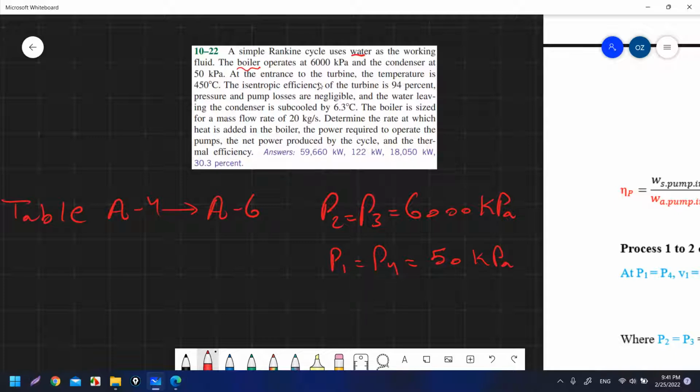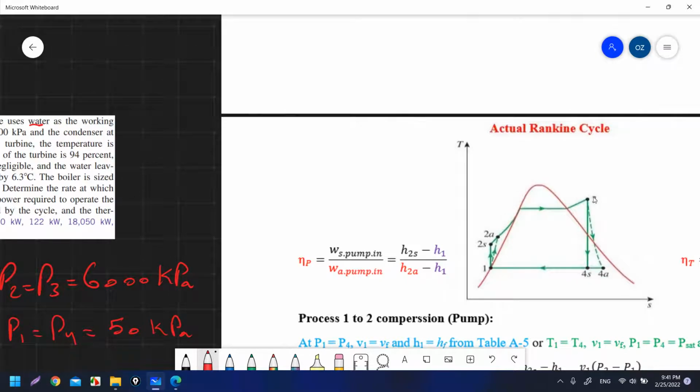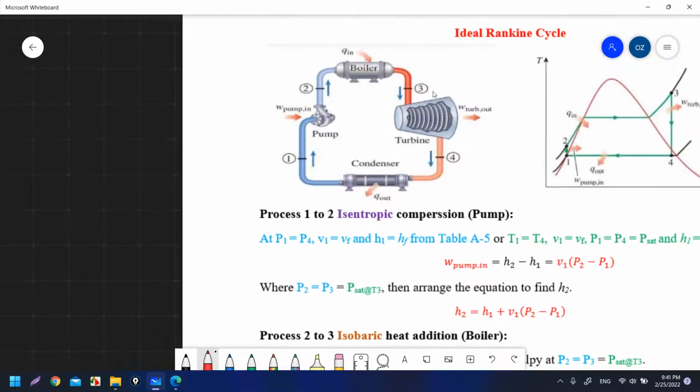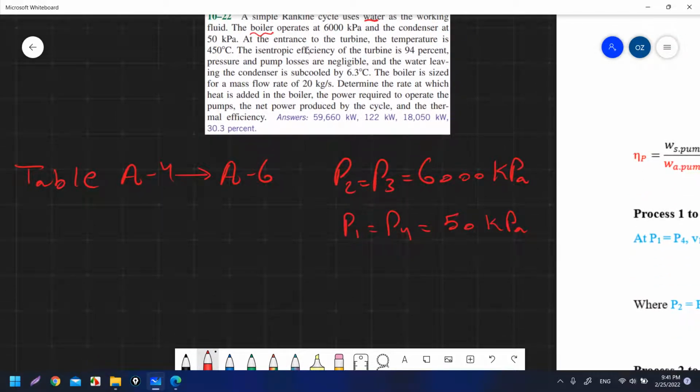At the entrance to the turbine, state 3, the temperature is 450 degrees Celsius. So T3 is equal to 450 degrees Celsius.